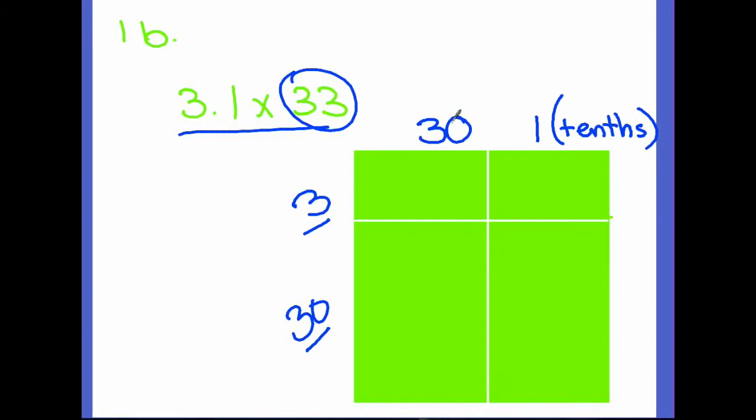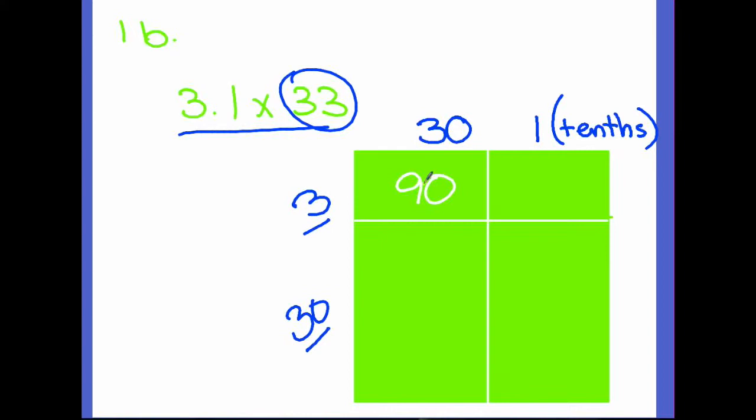So what's 3 times 30? 90. And 30 times 30. Yep.